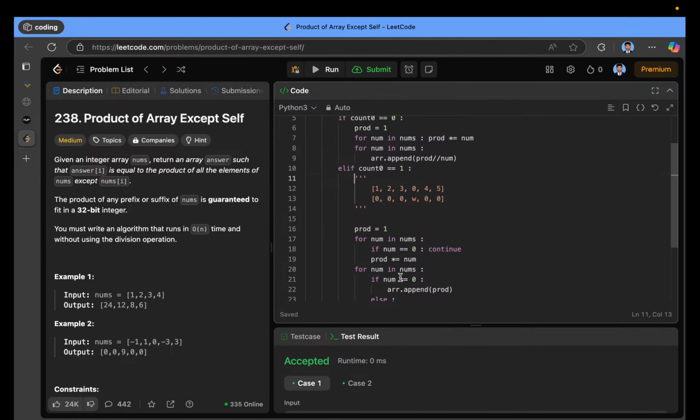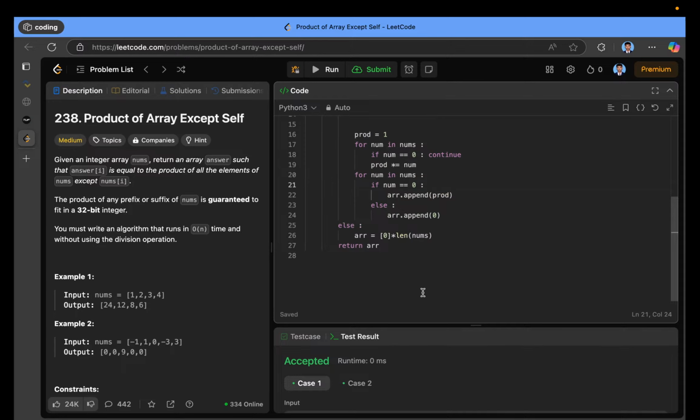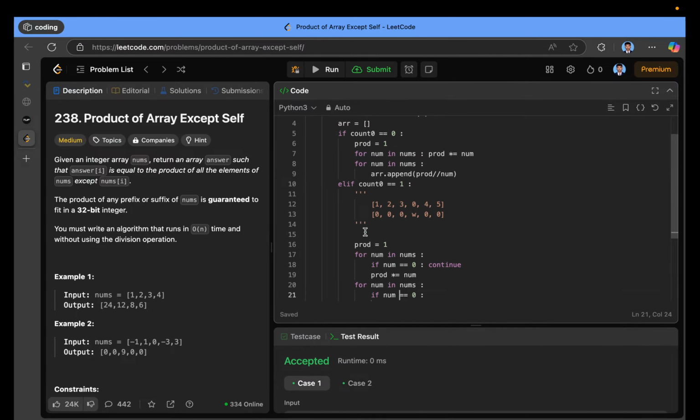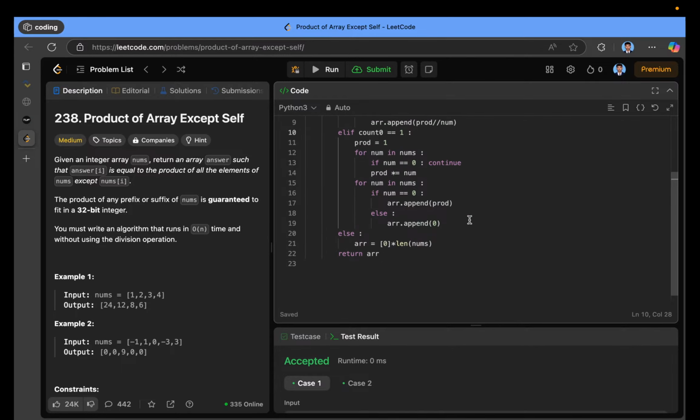I just forgot it. Let's make this a little bit smaller, the code is too big. So what we can do is arr.append(product if num == 0 else 0).